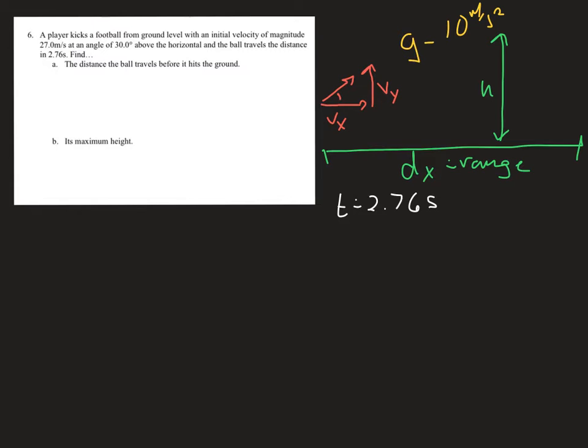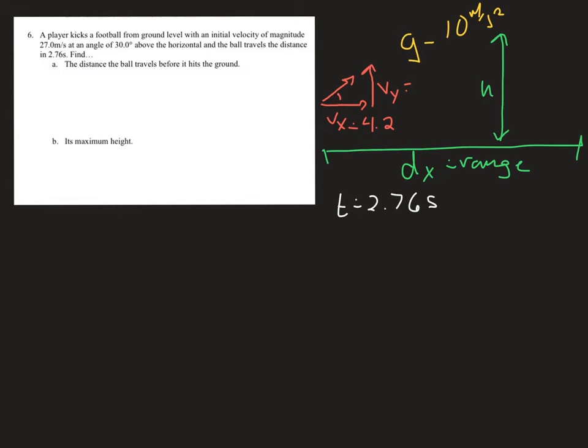I'm going to take 27 and multiply that by the cosine of 30, and that should give us 4.16. And then I'll also do the y. I'm going to take 27 times the sine of 30.